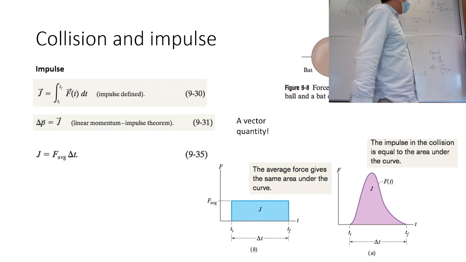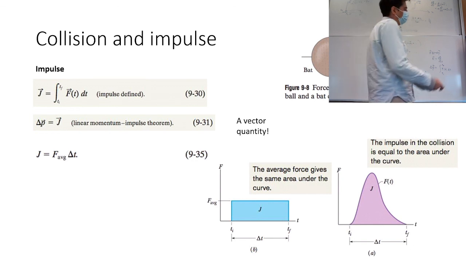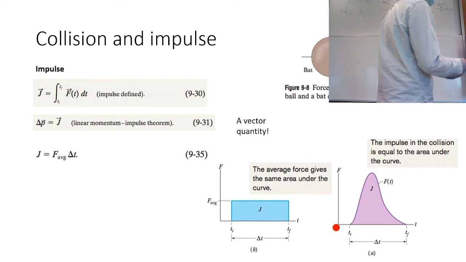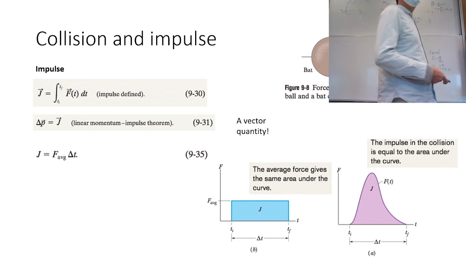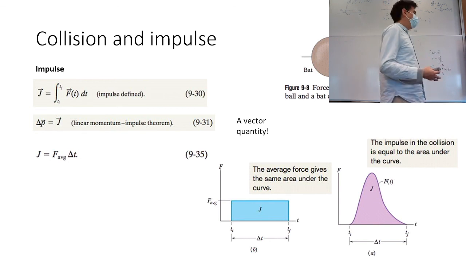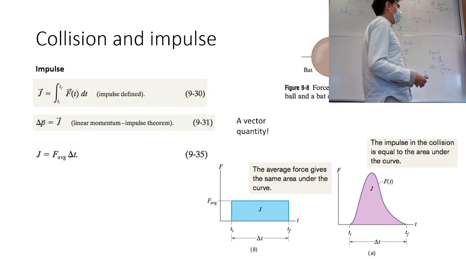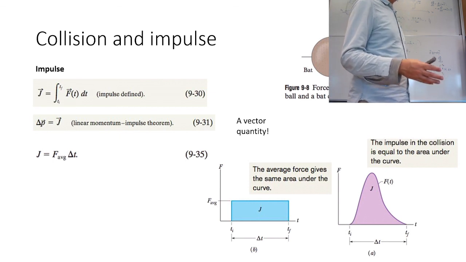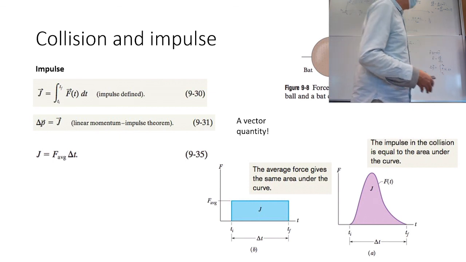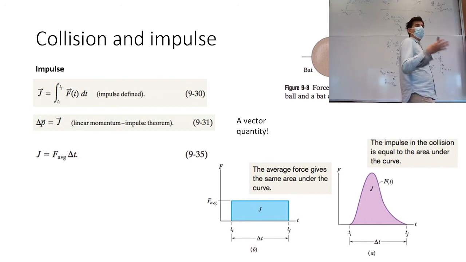And sometimes, because this is a rather funny shaped thing, just to get an idea of how much force is actually given to the ball, it's useful to think of an equivalent amount of force that you might give it that gives the same amount of momentum.